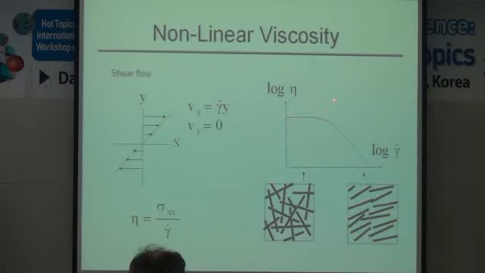It actually changes with the increase of the shear rate gamma dot. Typically the viscosity decreases by tens or some orders of magnitude.